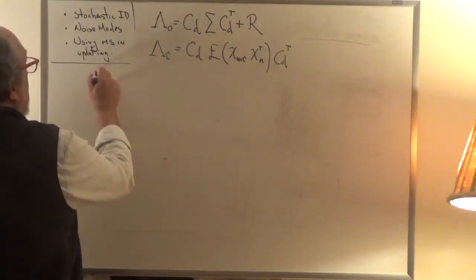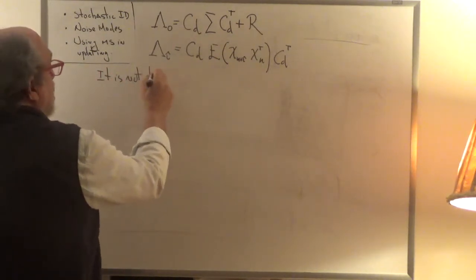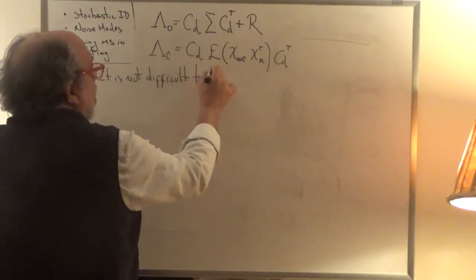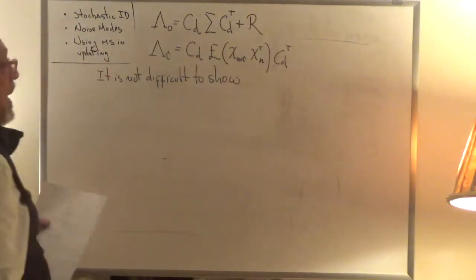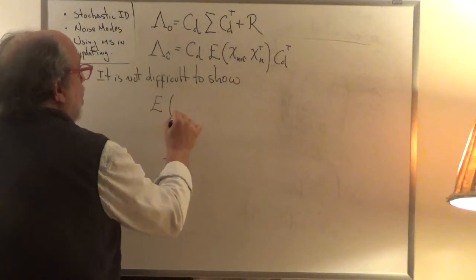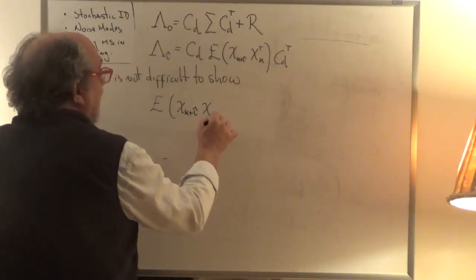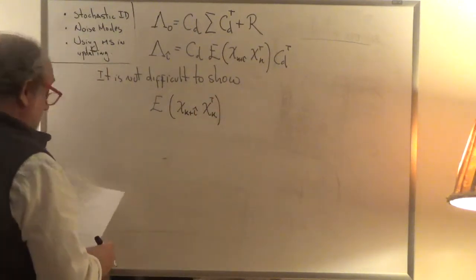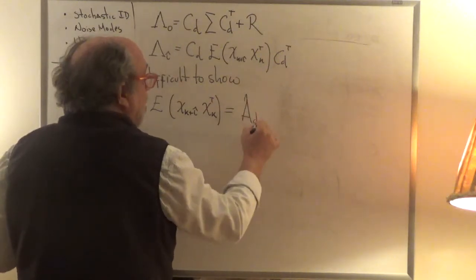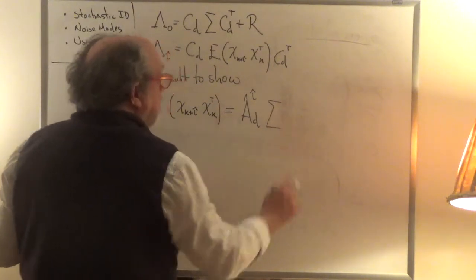I'll just say it is not difficult, but it's not trivial to show, by looking at the original equation, that the expected value of x at k plus I times x at k transpose is actually equal to AD to the I multiplied by sigma.